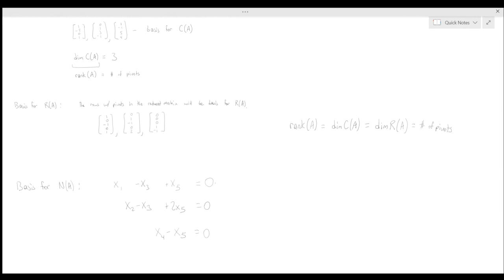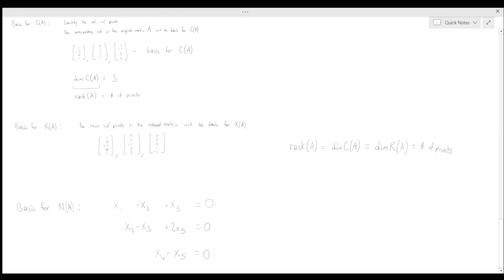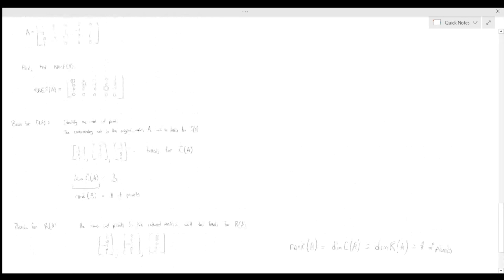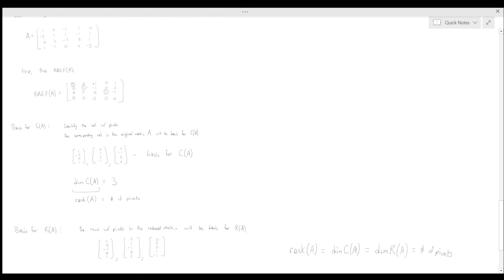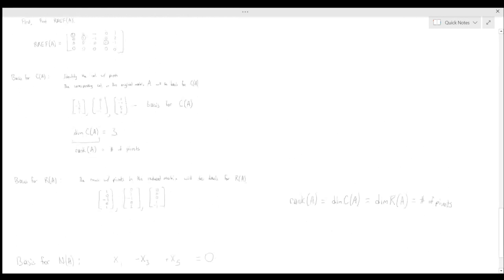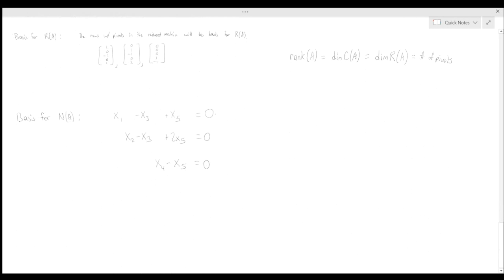And if you remember the usual procedure for finding the null space at this point, finding the solutions. Since the third and the fifth columns are missing pivots, I'm going to choose x3 and x5 to be my free variables.